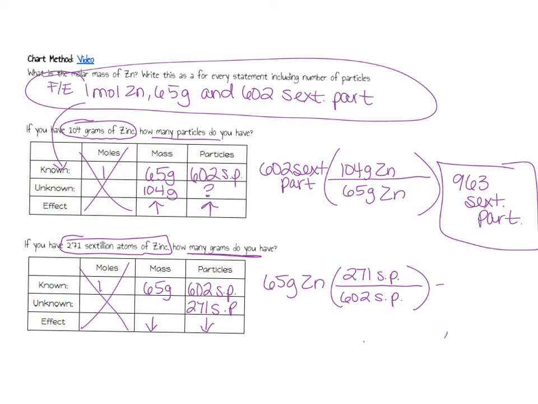And when you do that, you should get about 29.3 grams of zinc. And then again, I like to check if 1 mole, or if 602 particles of zinc give me 65 grams, if I have 271, which is a lot less, I should have a lot less amount of zinc, and I do at 29.3 grams.